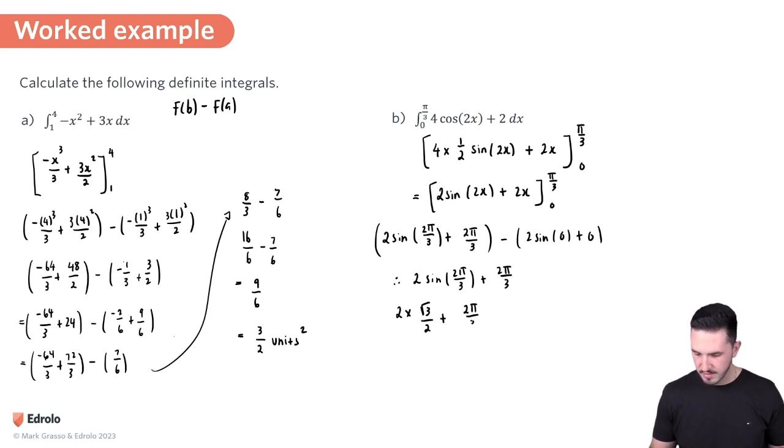So again, it's really important that you know all of the exact values from your circular functions. So the 2's will cancel out because 2 root 3 on 2 just becomes now root 3 plus 2 pi on 3 units squared. So again, you could write that all over the same denominator if you wished, but you don't have to in this particular case.